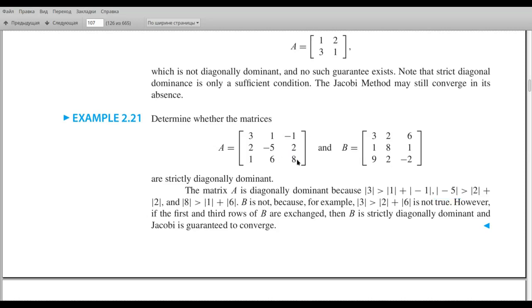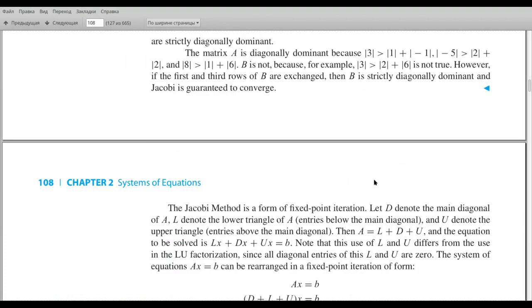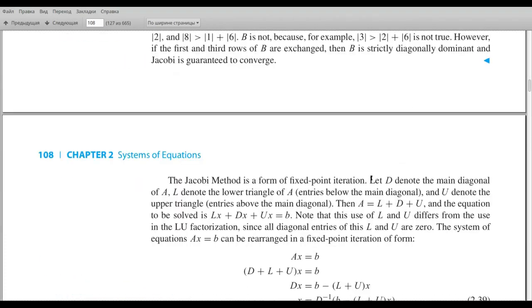Here, the magnitude of 8 is strictly more than 6 plus 1, right? And here, it will not work. For the last row, for example, the magnitude of 3, you cannot say that it's strictly more than the magnitude of 9 plus the magnitude of 2, right? Okay.